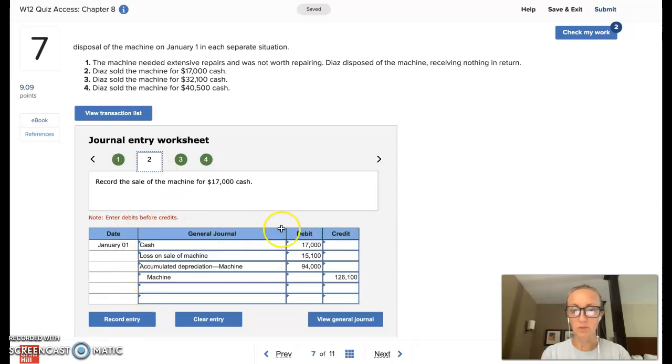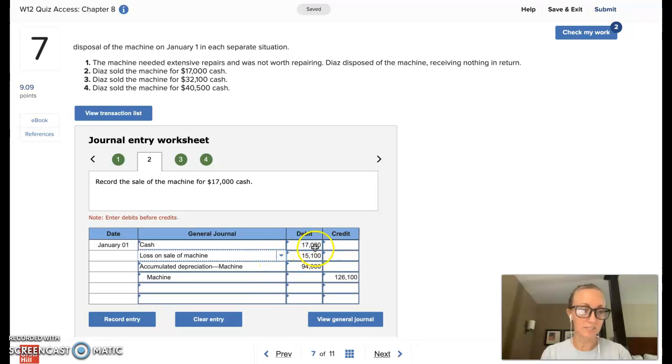After we press record entry, we come over to recording the sale of the machine for $17,000 cash. Here we will receive cash, so we'll debit that amount, $17,000. We'll record the loss on the sale of the machine. The difference between the $126,100 and the $94,000 accumulated depreciation is still $32,100.